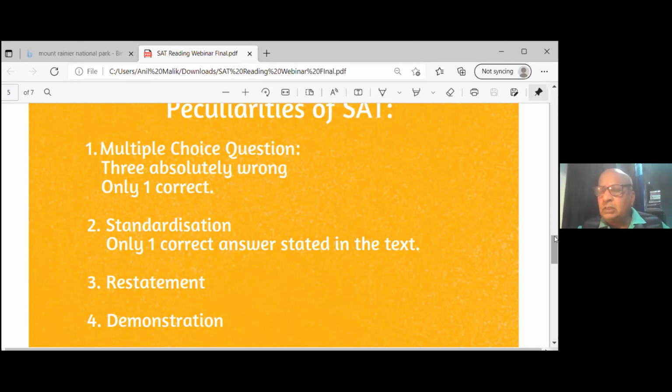There is no worth in making an inference, because inferences can also be different. The answer to every question has to be stated in the text. That is what you need to understand, because whenever you answer an SAT question and you tell your teacher, sir, I thought, the moment you put that thought into it, the answer is wrong.